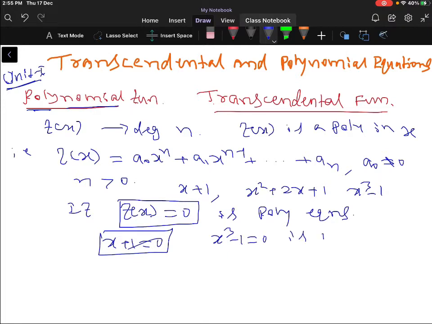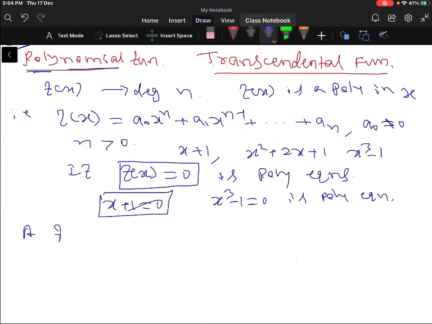is a polynomial equation. A function f of x which involves trigonometric functions, exponential functions, logarithm functions, such functions are called transcendental functions.